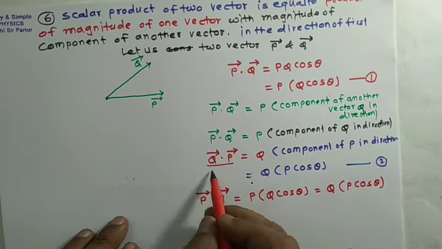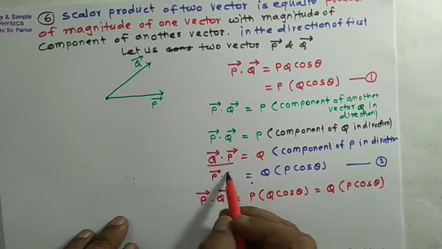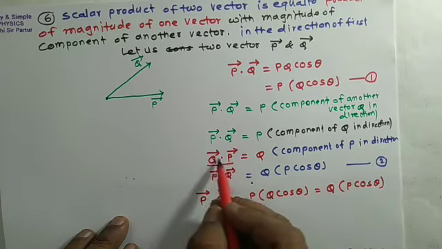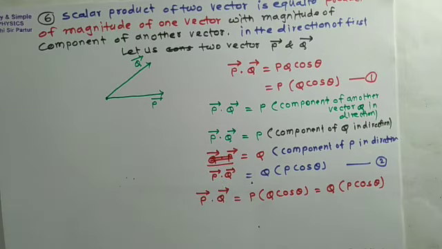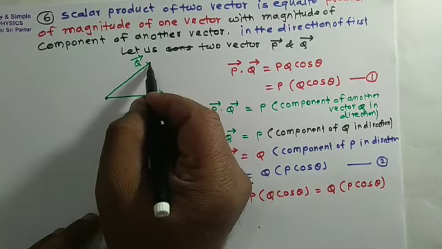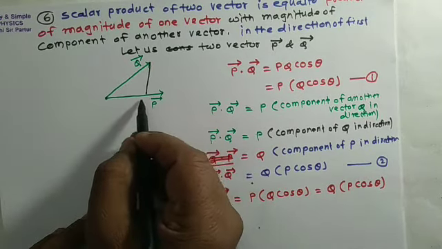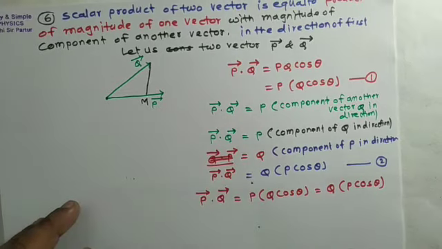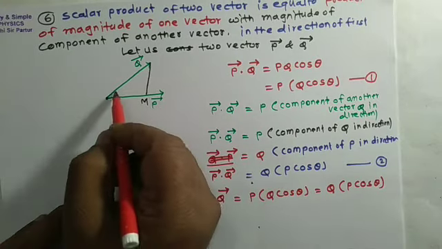We can say that here vector P dot vector Q is equal to Q P cos theta. Also same, which can be possible if we draw a perpendicular from Q at M. What happens? Theta will be the angle.